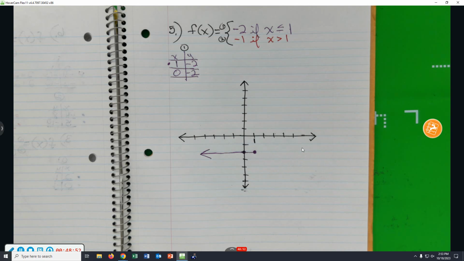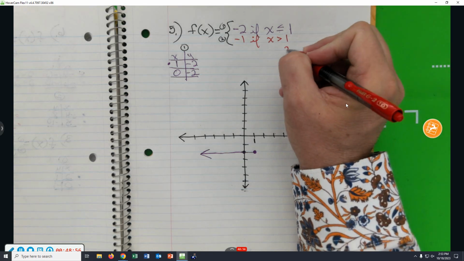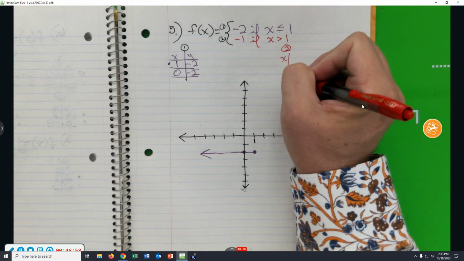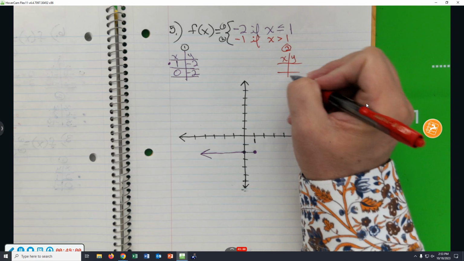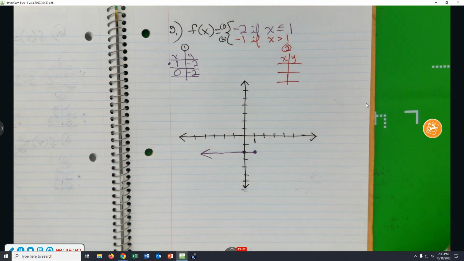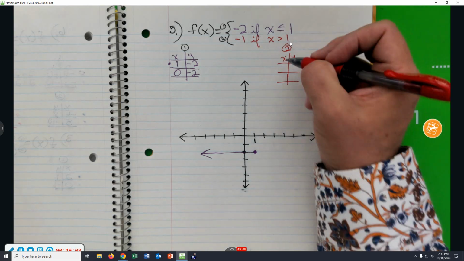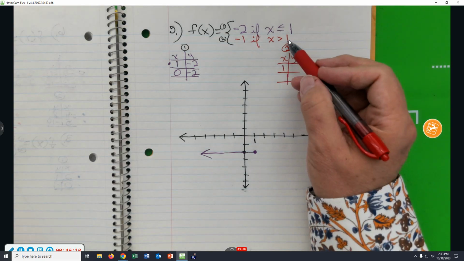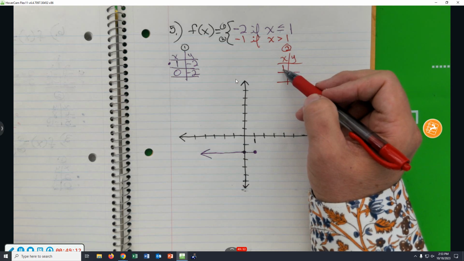Now we'll make our red table. This is table 2. What's the first number we must plug in for x? We don't have a choice. 1 again. It's a cut point. Is that going to be open or closed?